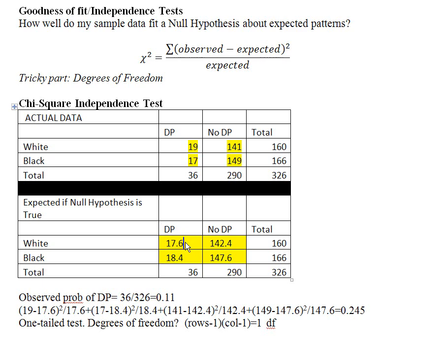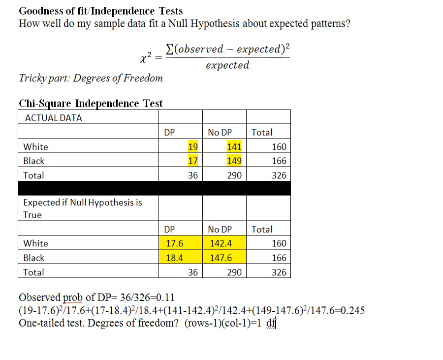We only really have 1 unique number here, and all the rest are determined by knowing that one number. That's just a way to think about why it's 1. But in this case, you have to really know this formula: rows minus 1 times columns minus 1.